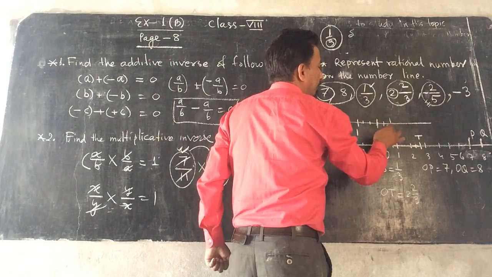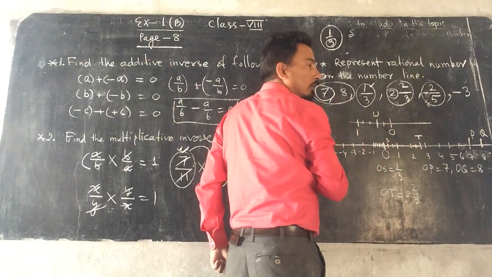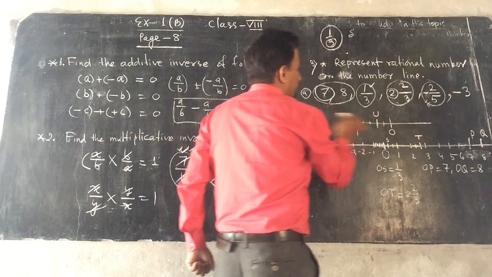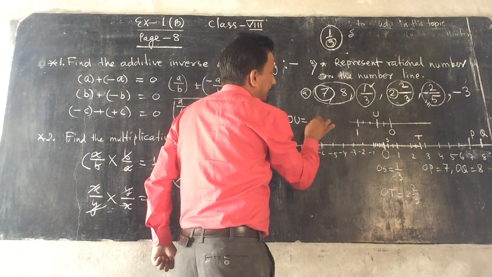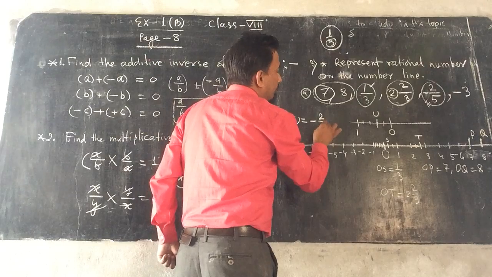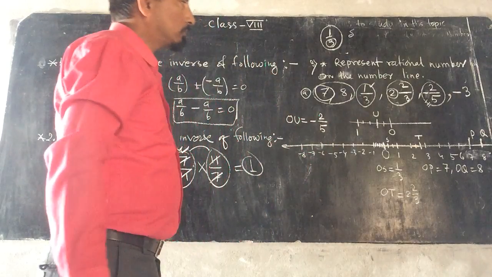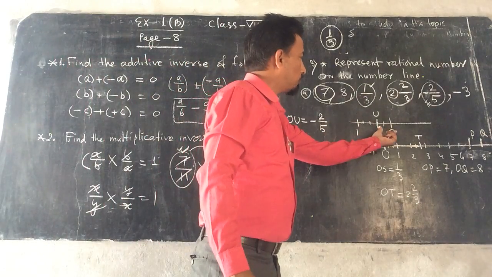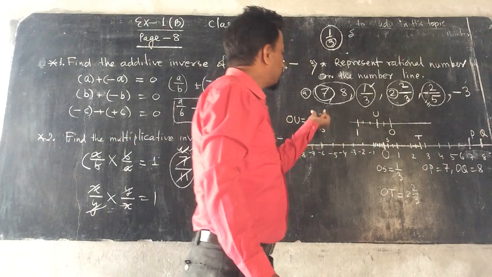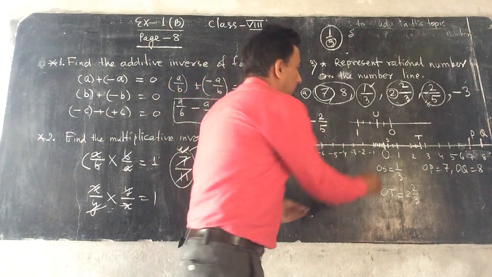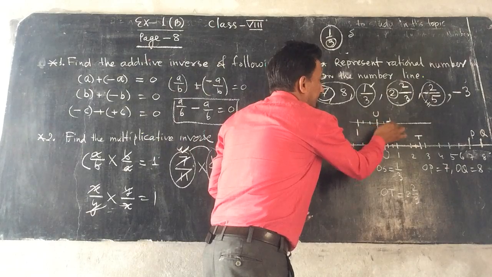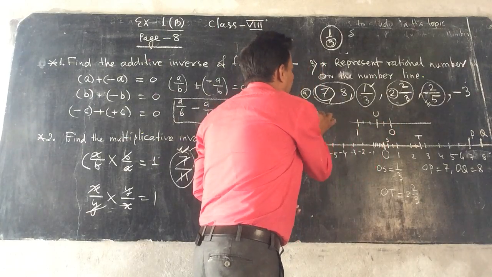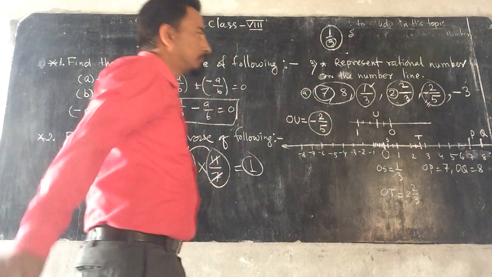You can give any name, STU. So OU will represent negative 2 by 5. This distance OU will represent negative 2 by 5.